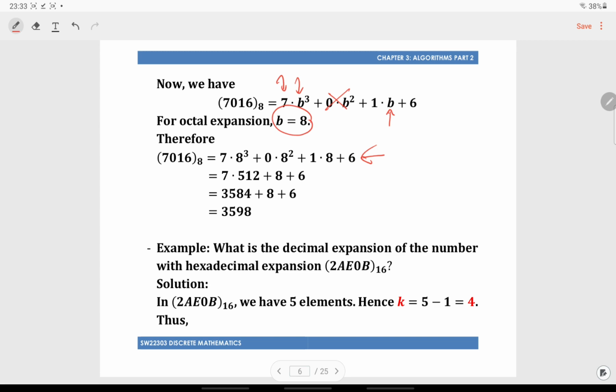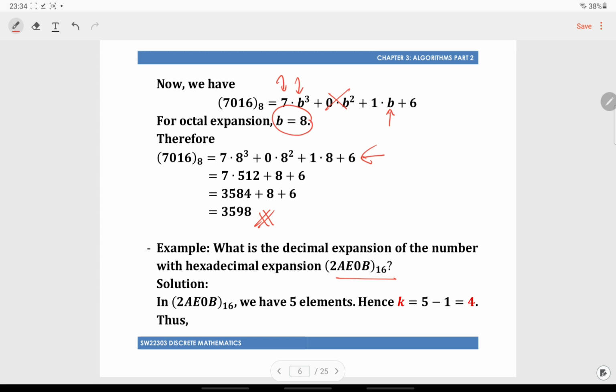I think this equation can be solved easily. You can take your calculator and compute all the values. After we perform the multiplication and addition, we come out with this decimal value as the decimal expansion of the given octal. The next example is to convert from the hexadecimal form to the decimal expansion number.